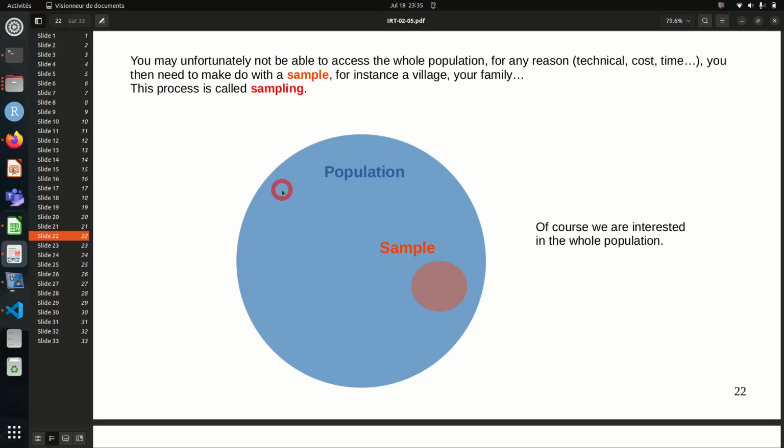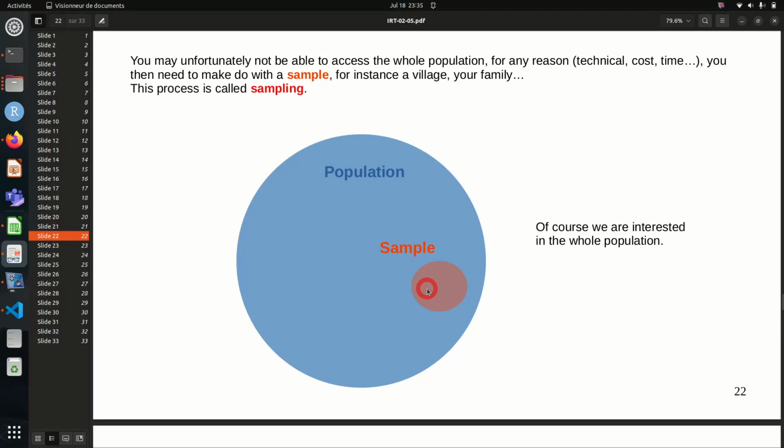So we need to do a sample. A sample means we are going to take just an example. Of course, the choice of this sample is extremely important in order not to bias this sampling.